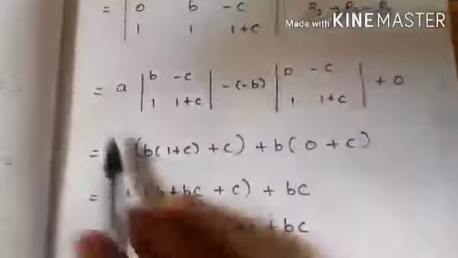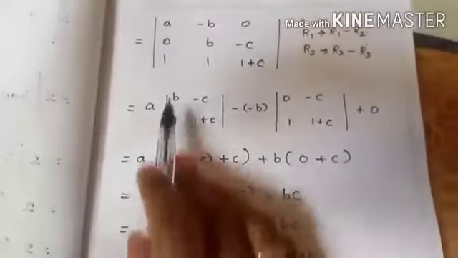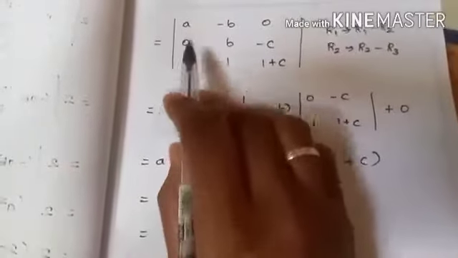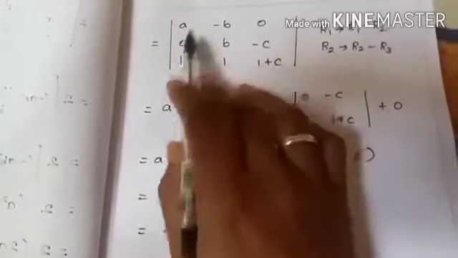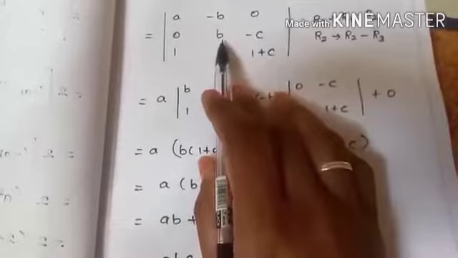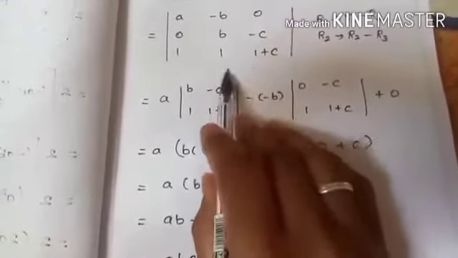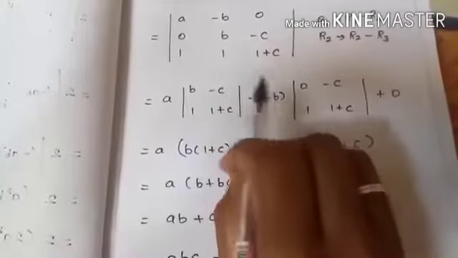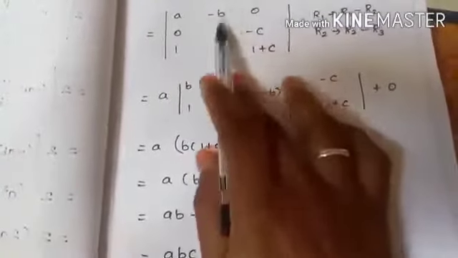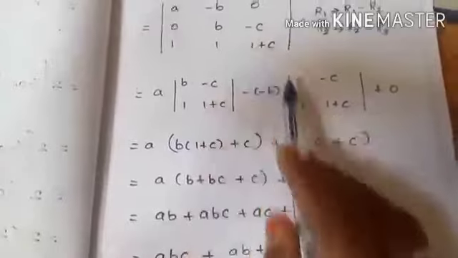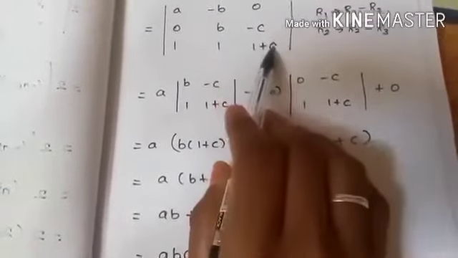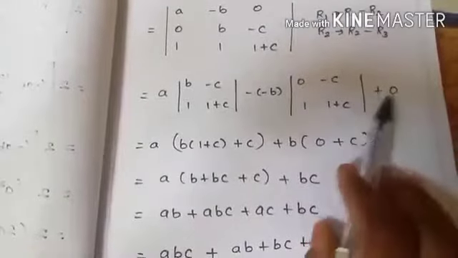Expanding by R1, we get A into, the first element is A, so A into, eliminating first row and first column, we get the determinant of B, minus C, 1, 1 plus C. Minus next element is minus B into, first row second column, eliminating first row second column, we get determinant of 0, minus C, 1, 1 plus C. Next element is plus 0.